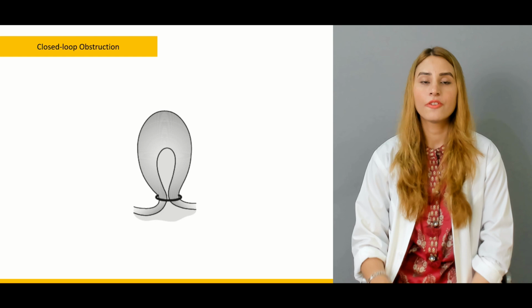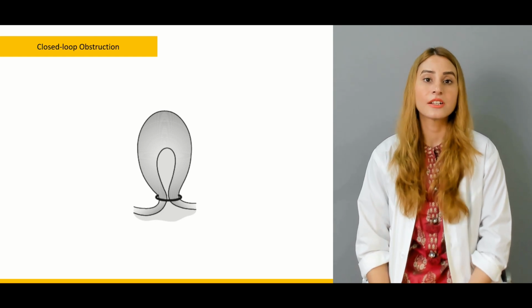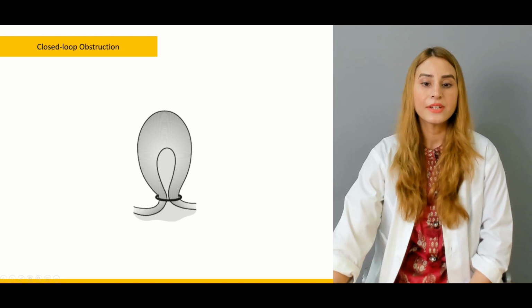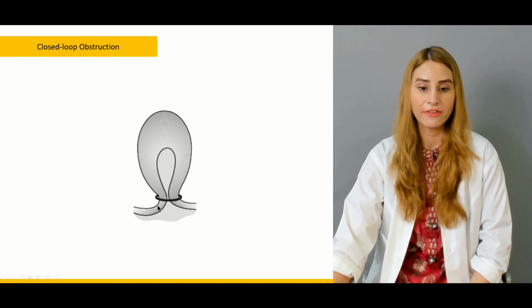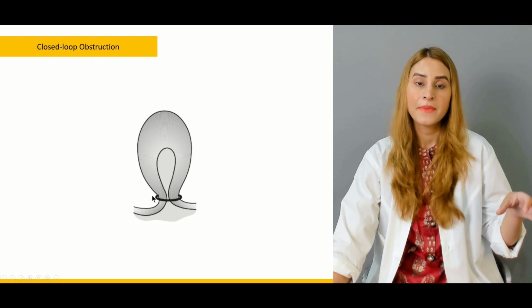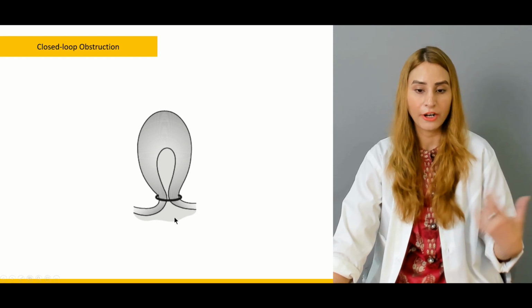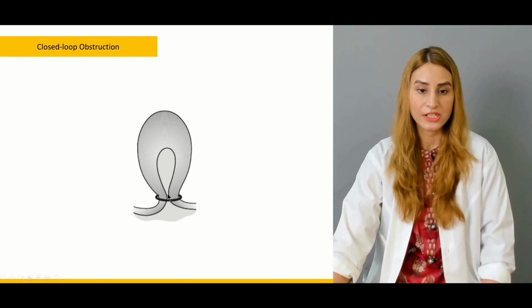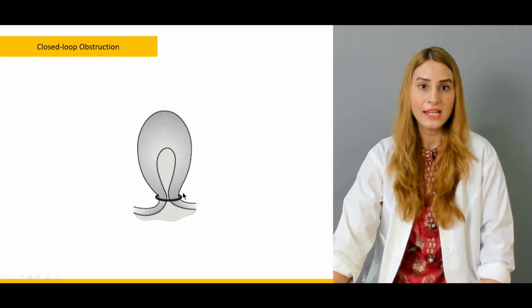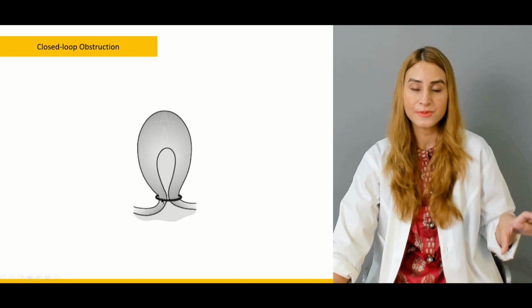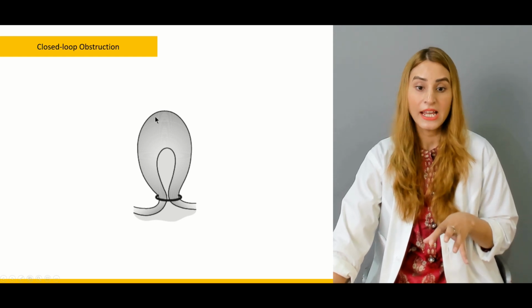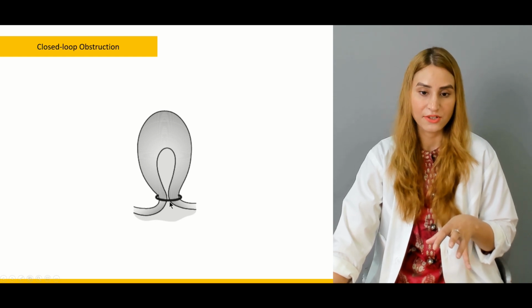There's another type of obstruction which is called closed loop obstruction. You can see in this diagram that there's obstruction at two distinct points, one a distal obstruction and one a proximal obstruction. The segment running from the proximal obstruction to the distal obstruction is dilated, and this causes a closed loop obstruction.